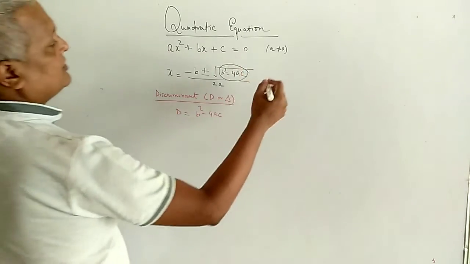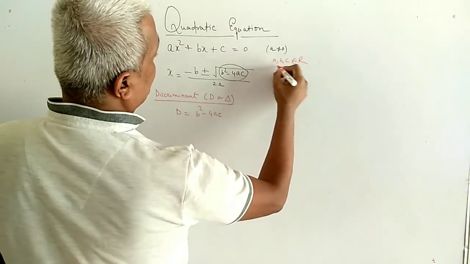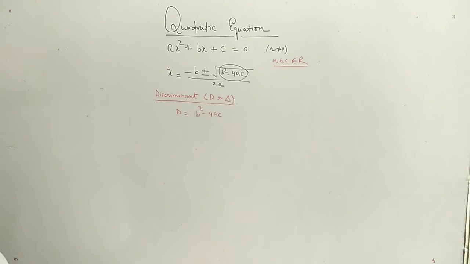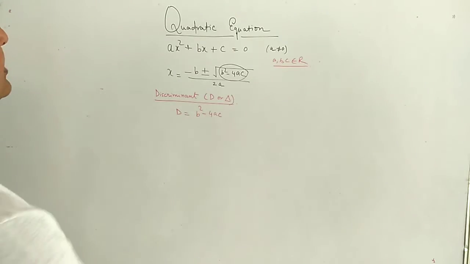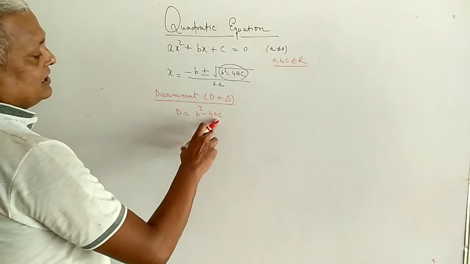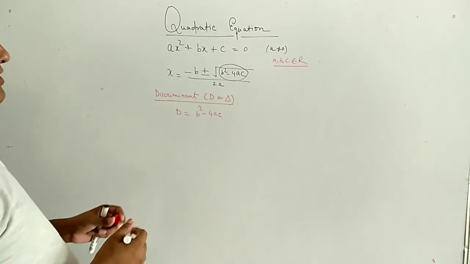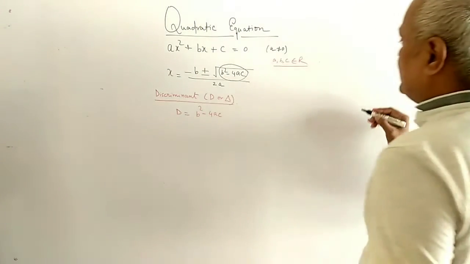This D is b square minus 4ac. Since in this equation you know that a, b, c are all real numbers, therefore this b square minus 4ac, because b into b is b square, will be a real number, this is also a real number, and now here you have to put this inside the square root, and you know that square root of a negative number is called a complex number.